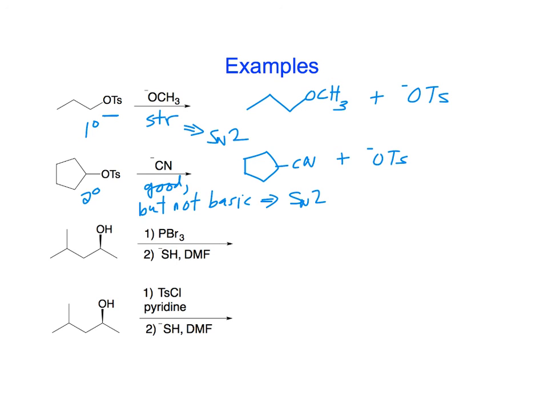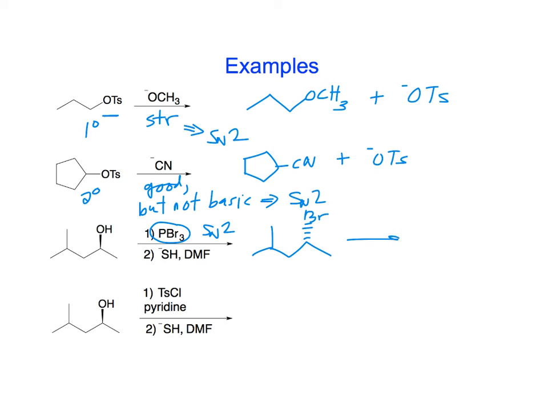All right, let's compare the last two. This combines a few things that we've been doing here. So if we use phosphorus tribromide, let's do this stepwise, that's going to convert the OH to a bromine, right? And so what's the stereochemistry going to be? All right, so the first step, remember, is an SN2 step, so we get an inversion of configuration, like this.